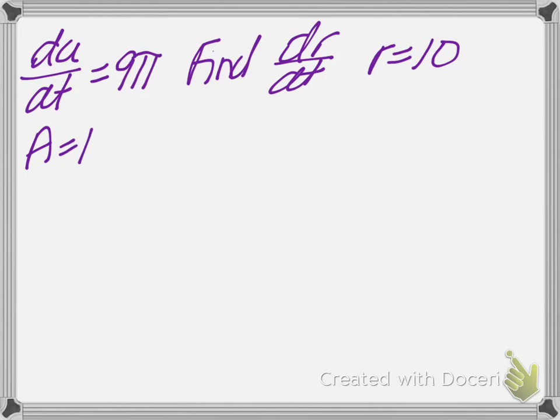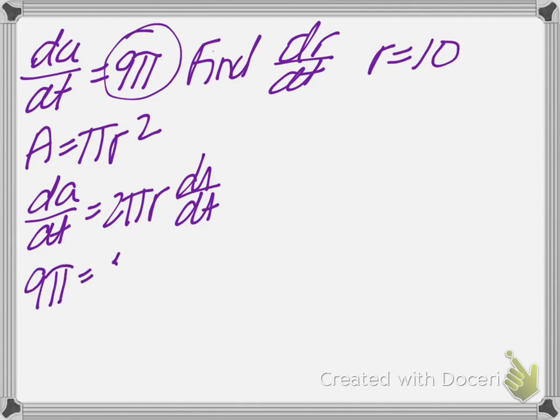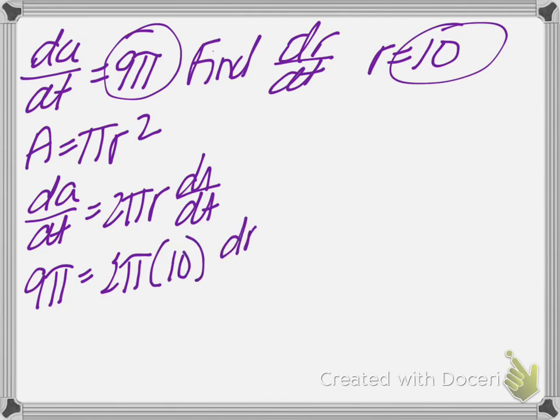So again, we're going to start with the area equals pi r squared. Take the derivative of both sides. And now we're going to substitute. So dA over dt is 9 pi. r is 10. And we're looking for dr over dt.